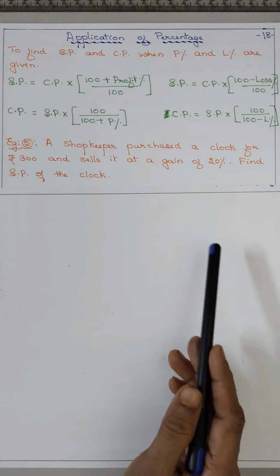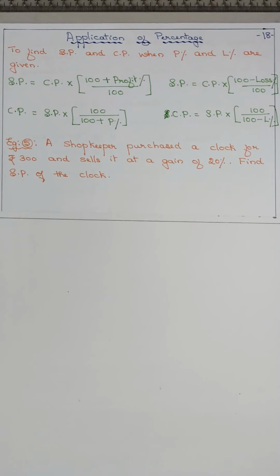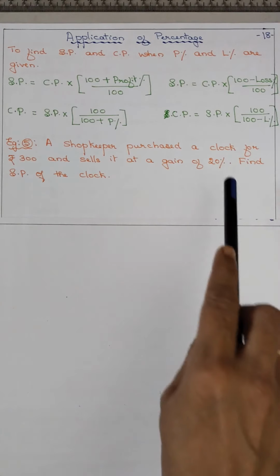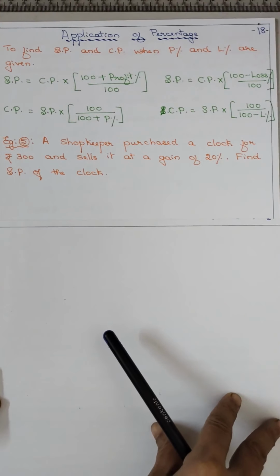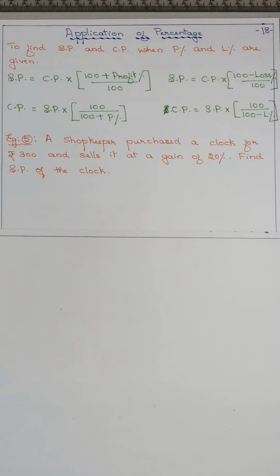Now, example 5. A shopkeeper purchased a clock for rupees 300 and sells it at a gain of 20%. Find the SP of the clock. So, the shopkeeper purchased. Purchased means what? The CP.